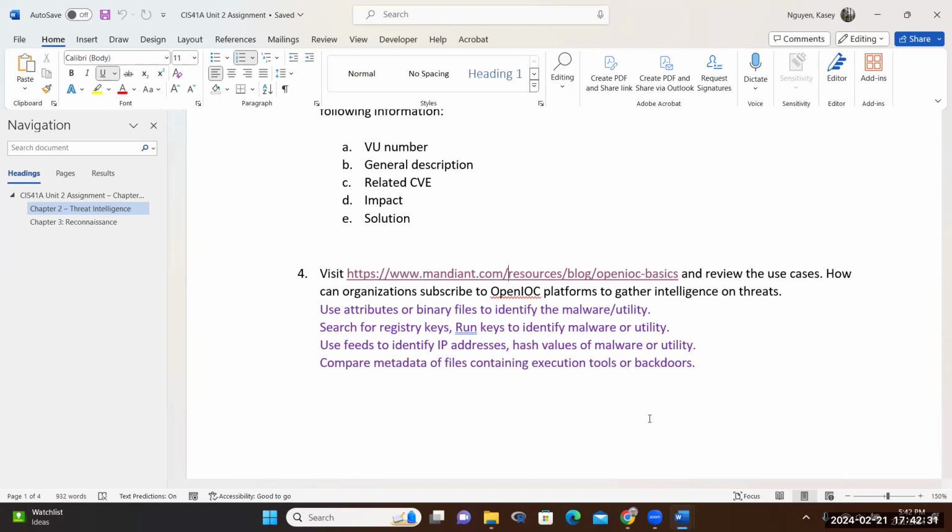Remember what I said, right? Close to about 50% of the malware are not known. So you could be facing a variation.